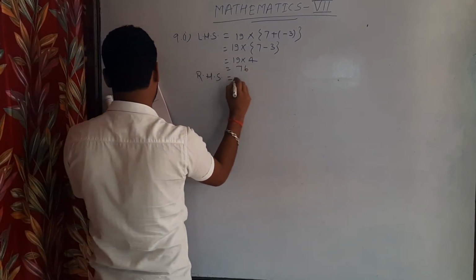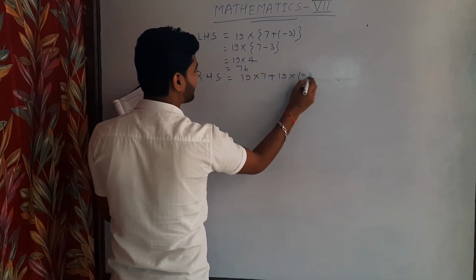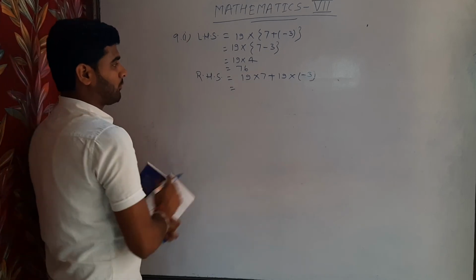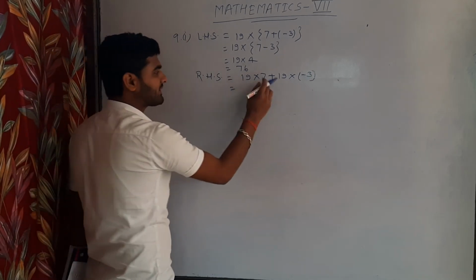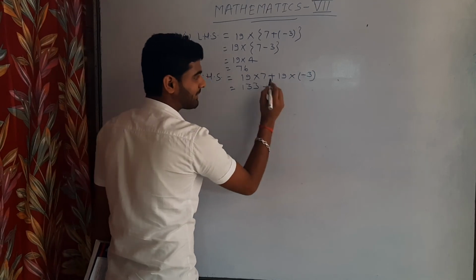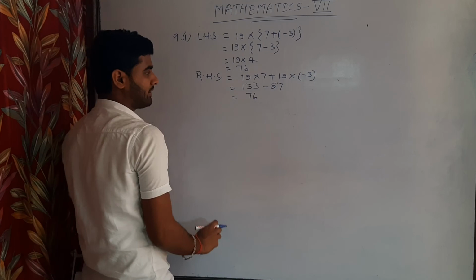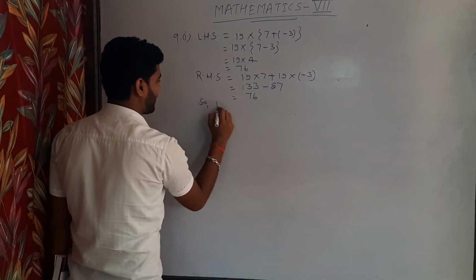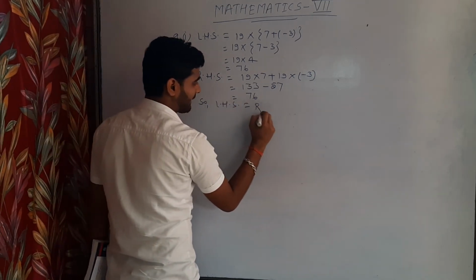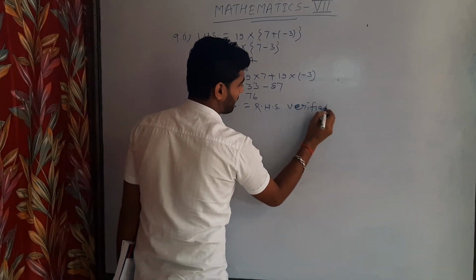RHS: 19 multiply 7 plus 19 multiply minus 3. We have to multiply 19 and 7. So 19 7s are 133 plus minus 57 is equal to 76. So LHS equal to RHS. Verified.